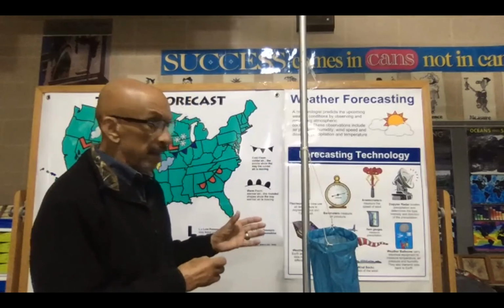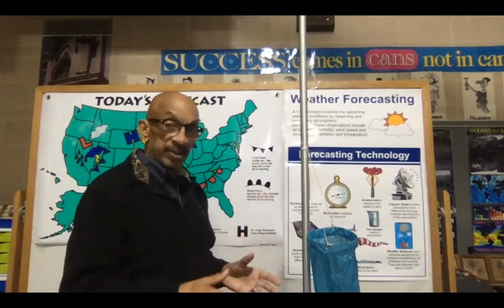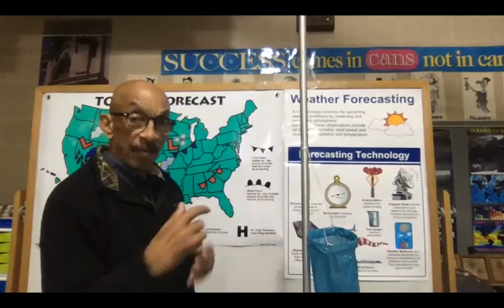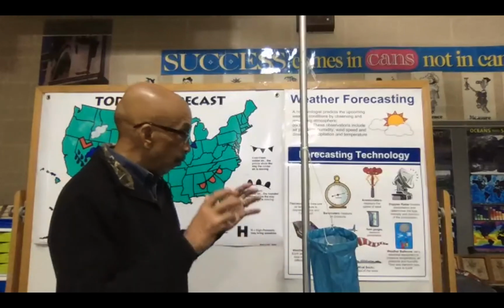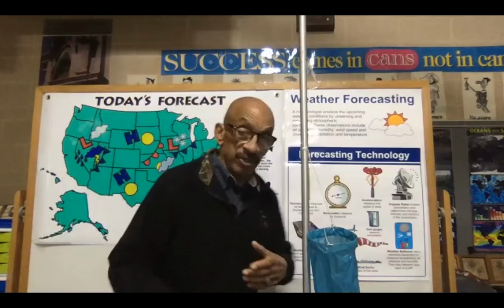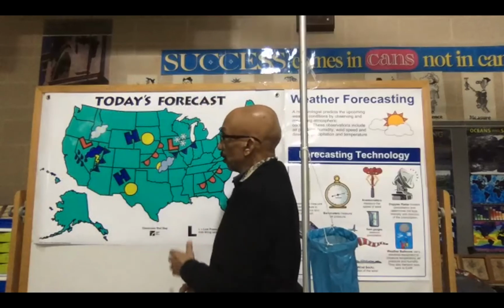And attached to that air balloon is electronic devices that take measurements. But they also use satellites that orbit around our planet, taking pictures of cloud formations, weather formations, and they make weather maps such as this as a big tool so they can chart what's happening with the weather.